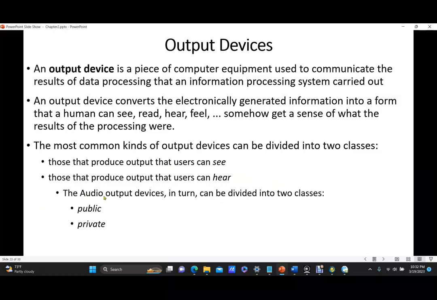The audio output devices, in turn, can be divided into devices that broadcast to the public, to multiple people can hear, and private, those that only one person can hear.